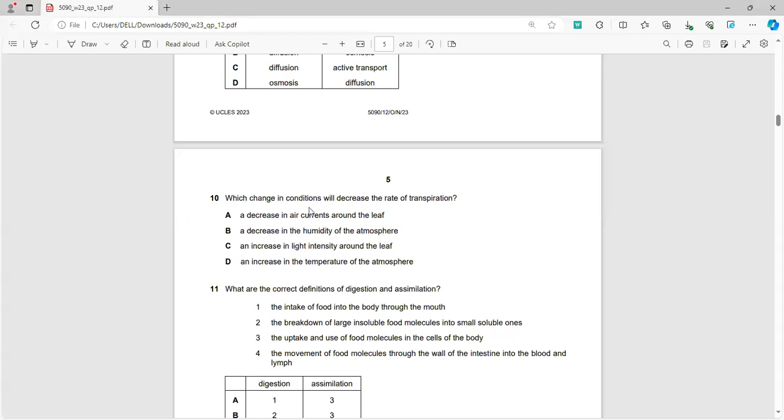Now, in this question, we need to know how each of the following factors varies with transpiration. The only factor which is inversely related to the rate of transpiration is humidity. The greater the humidity in the atmosphere, the lower is the rate of transpiration.